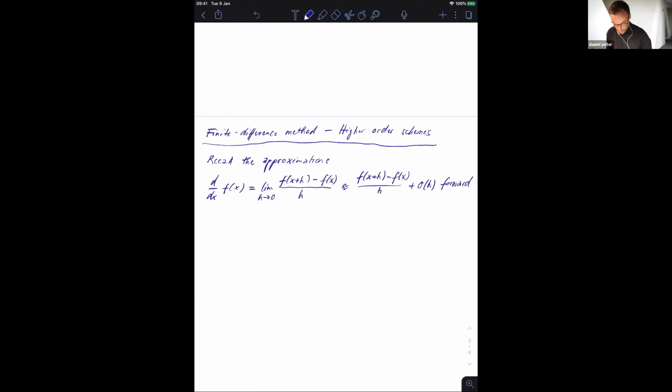Then we had the backward difference scheme, so we would approximate this with f(x) minus f(x-h) divided by h. And again, it's a first order scheme. Truncation error is linearly related to the increment h. This is the backward scheme.